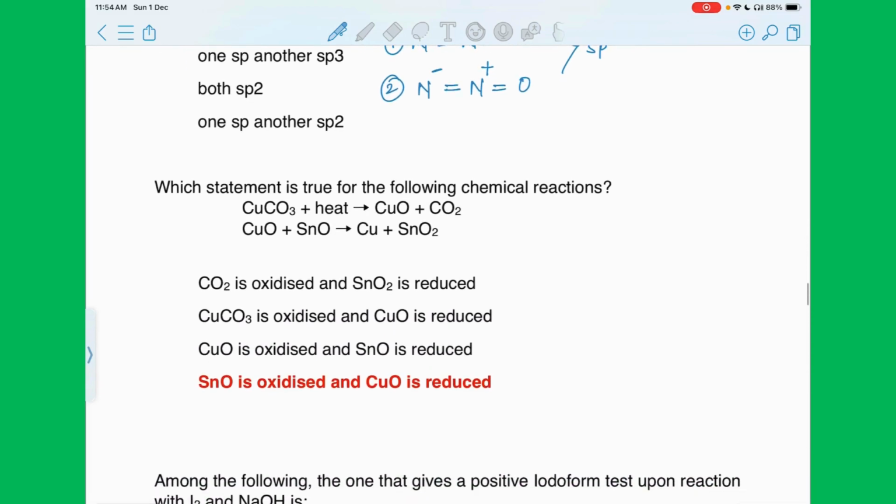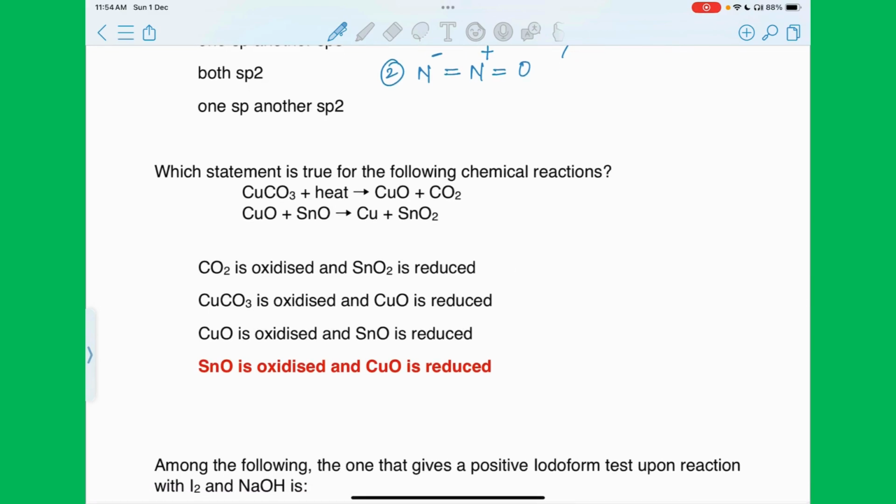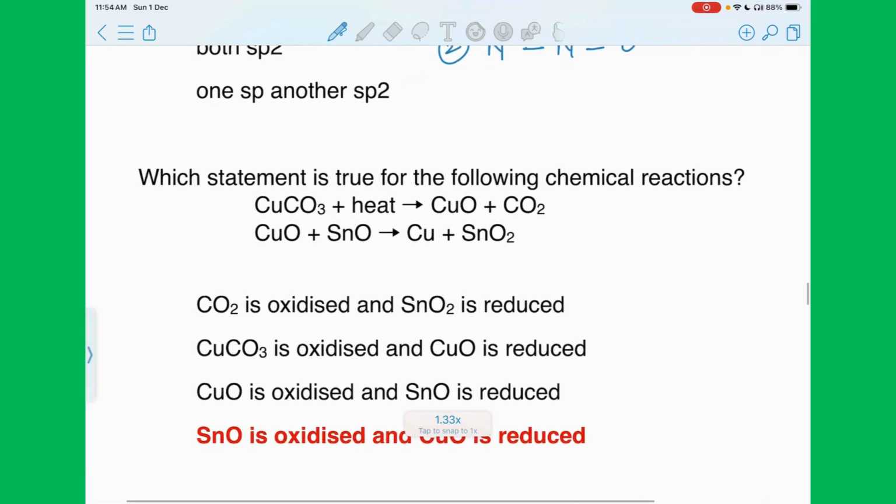Which statement is true for the following chemical reaction? CuCO3 plus heat gives CuO plus CO2. Second is CuO plus SnO gives Cu plus SnO2. So here we are getting for the copper right now in +2 oxidation state.